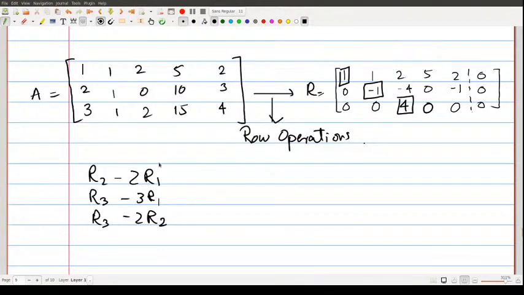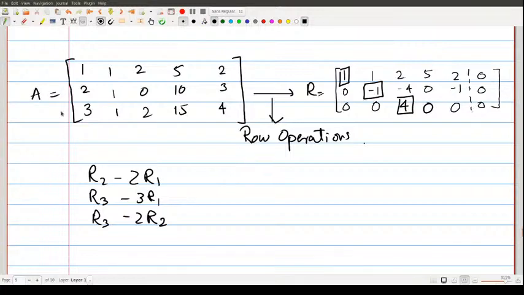These row operations are just adding a multiple of one row to another, right? Which means it's taking linear combinations, which means it's not really changing the row space.